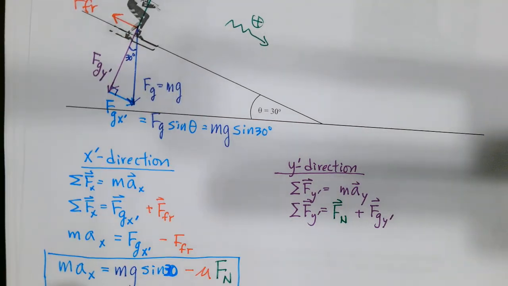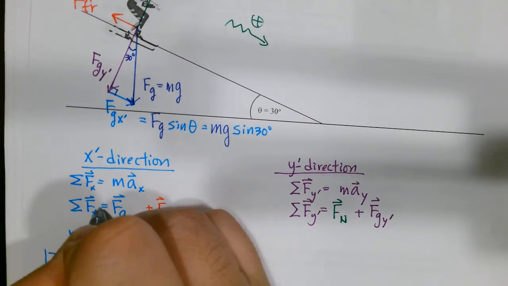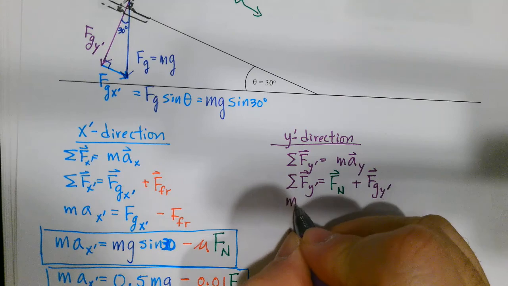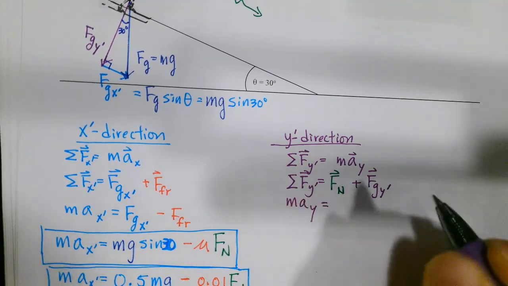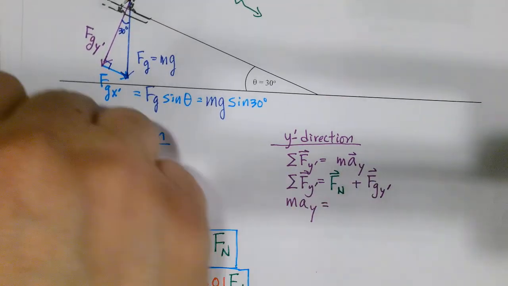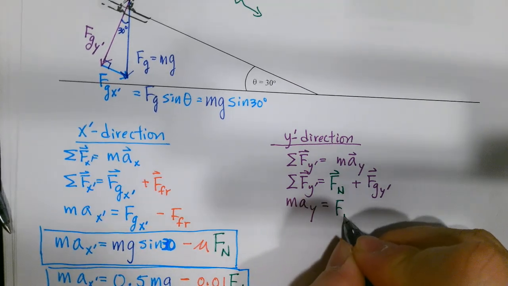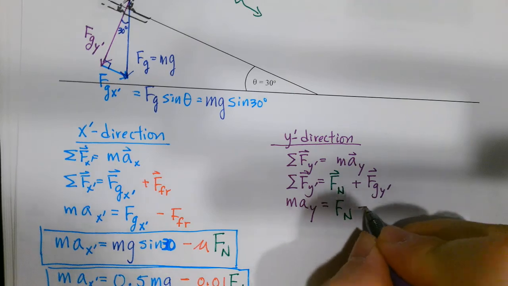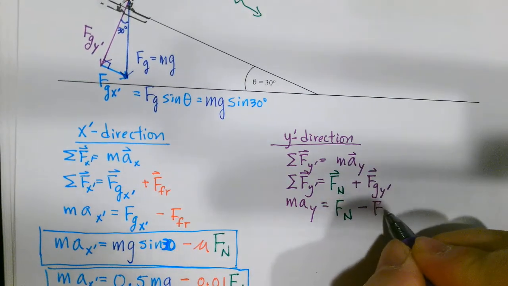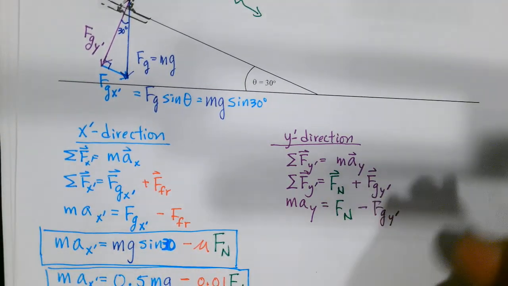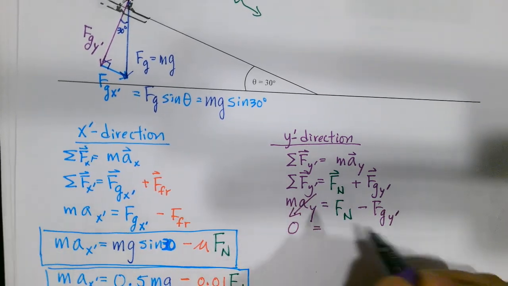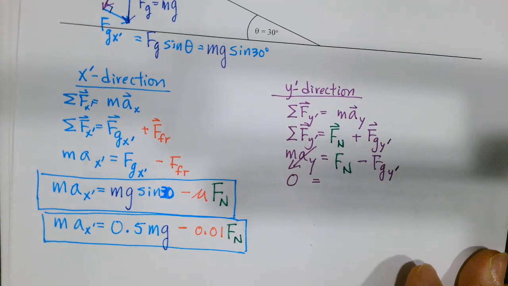And if I were to say m a_y is equal to F normal, I could keep that positive, and F_gy prime, I could keep that negative. And we said that this is 0 unless the skier is having a yard sale.